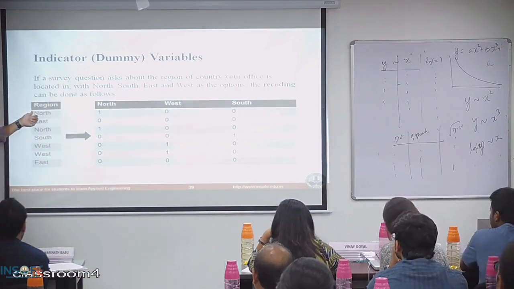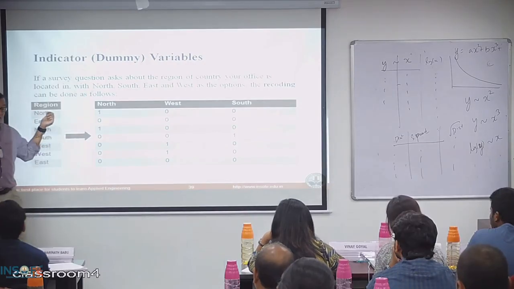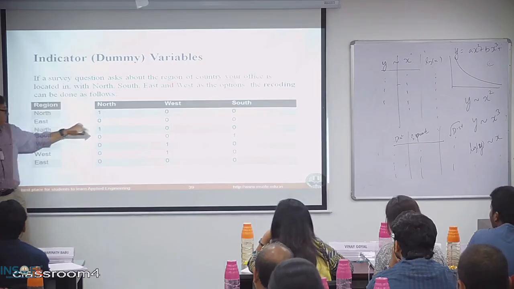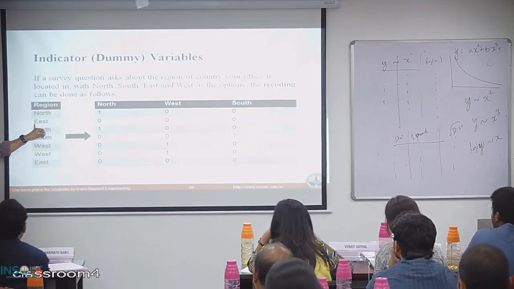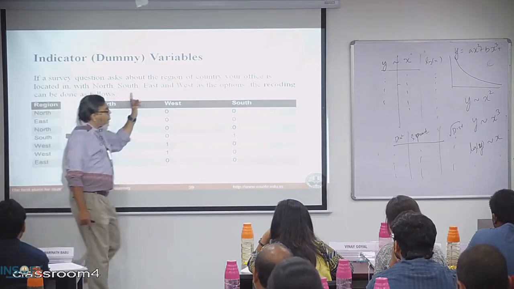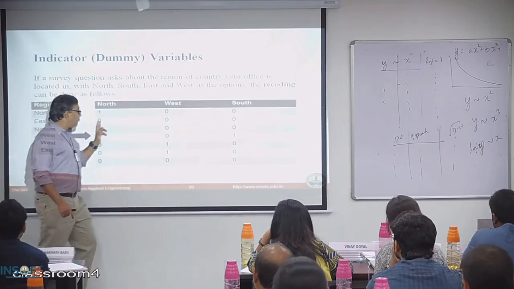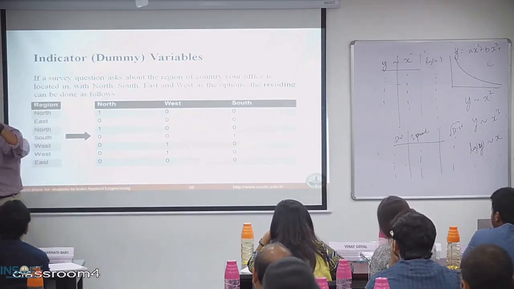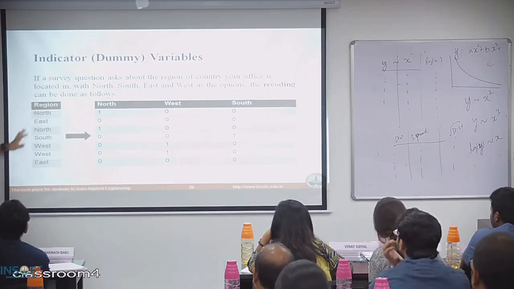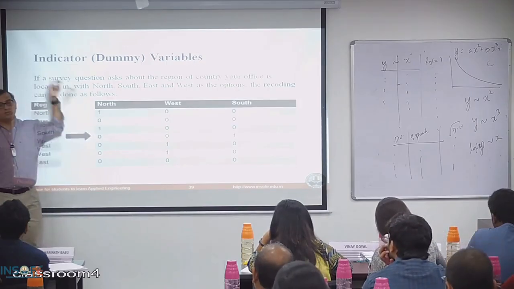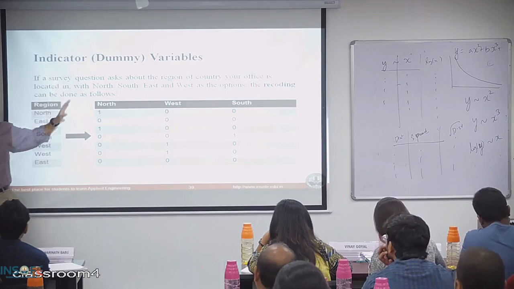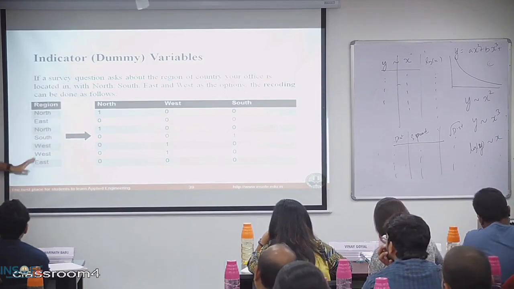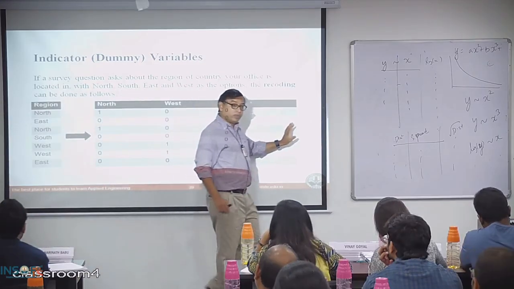When the actual categorical value is north, then you put north to be 1. When the actual categorical variable is east and the categories you created are north, west, and south, then all of them are remaining 0. So you need only 3 categorical variables to represent 4 categories. When all of them are 0, it means the 4th category is true. So what you have done is you have converted the categorical variable into n minus 1, 0 or 1 variables.